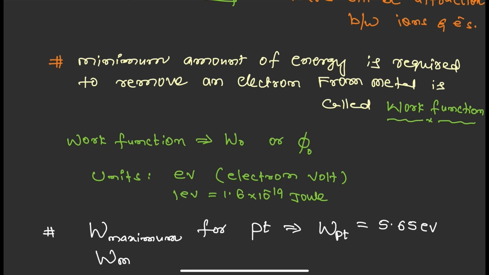Work function is minimum for cesium. The work function for cesium, W Cs, is equal to 2.14 electron volts.